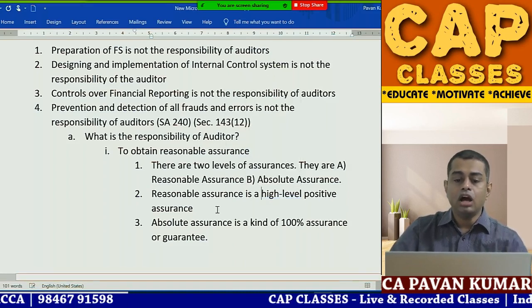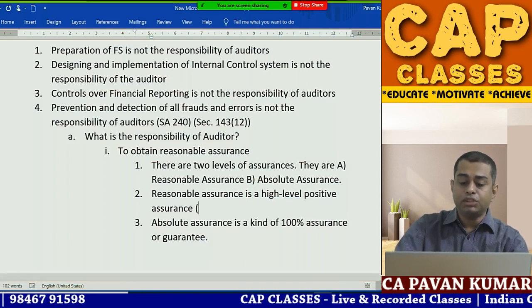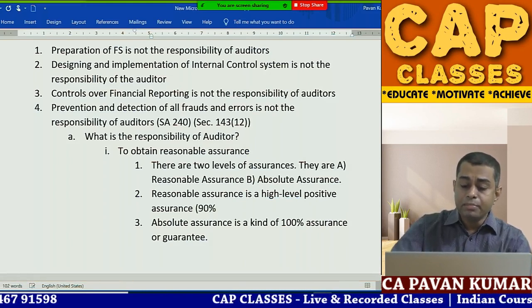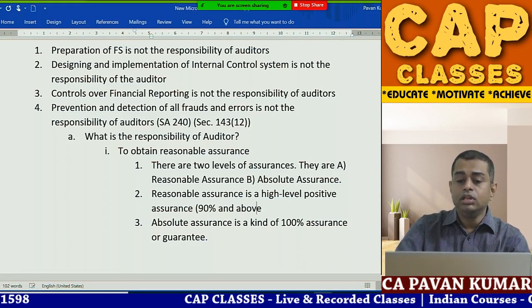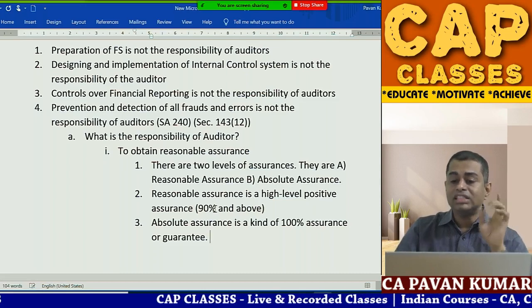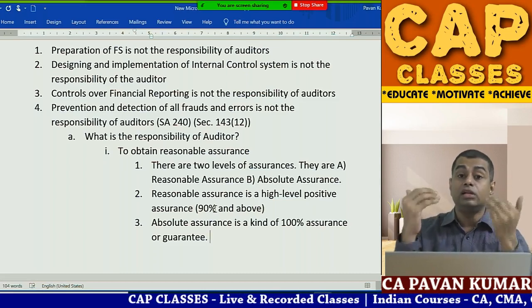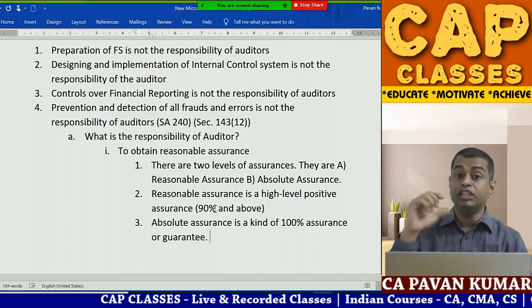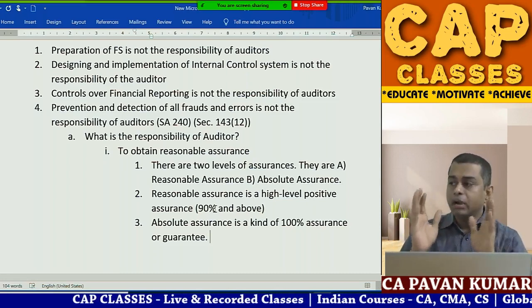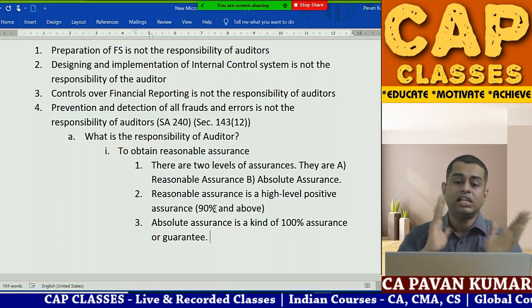So reasonable assurance, in brackets you can write down approx 90% and above. This 90% and above, only for your understanding I told you. Nowhere it is stated that reasonable assurance means 90%, absolute assurance means 100%, but I am telling you for our understanding.